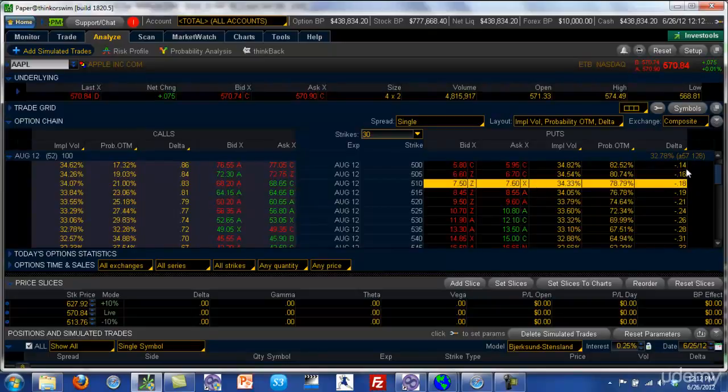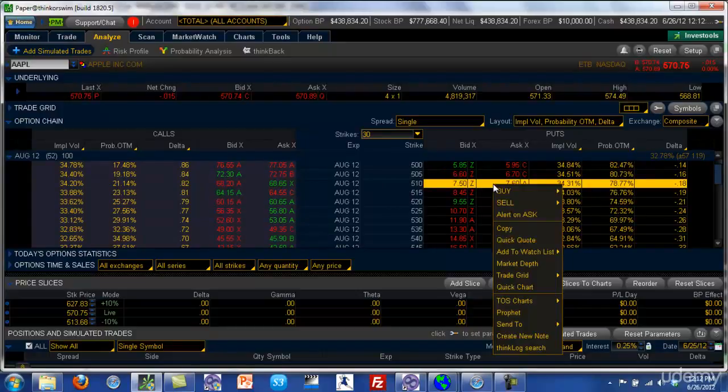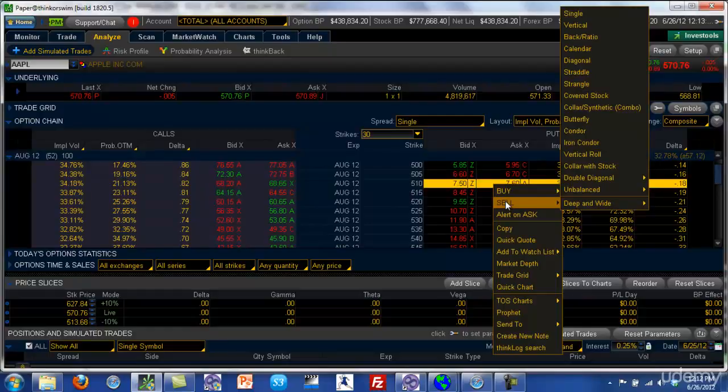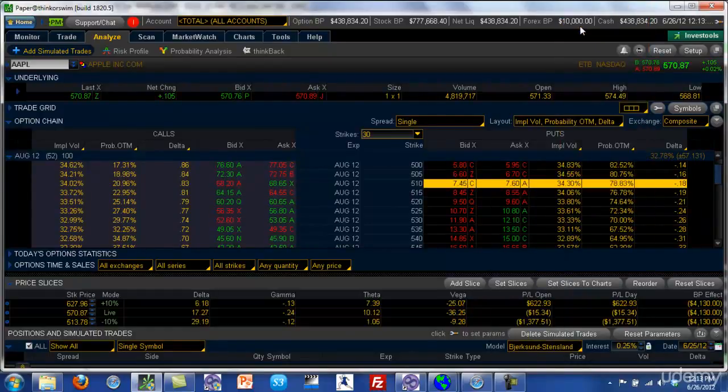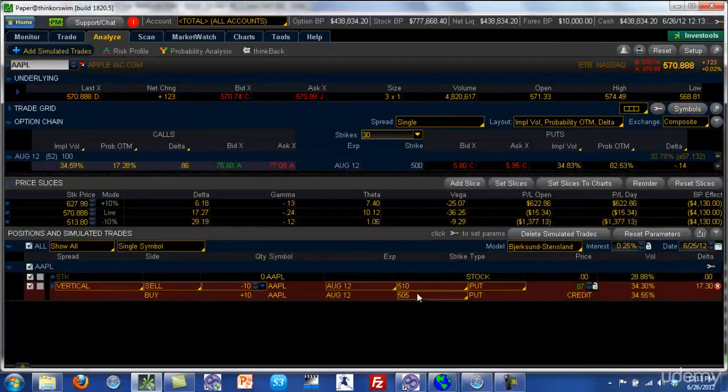So now you're just outside of the one standard deviation range for Apple for this series, which has 52 days left to expiry. If you wanted to create a bull put spread at the 510 strike price, you would sell a vertical spread. When you come here, you have the 510 strike price, and you're selling the 510 and buying the 505.